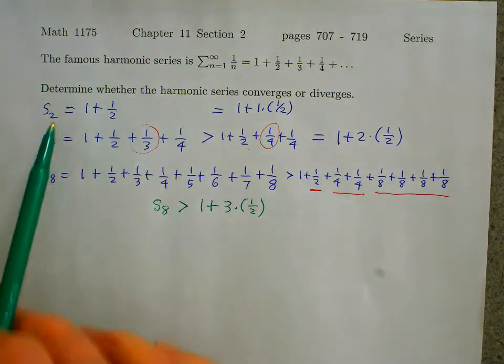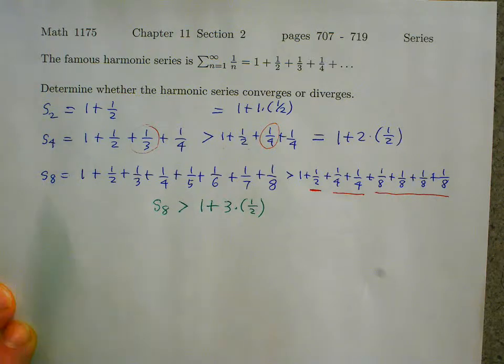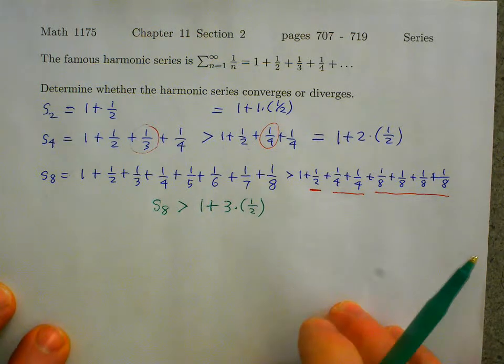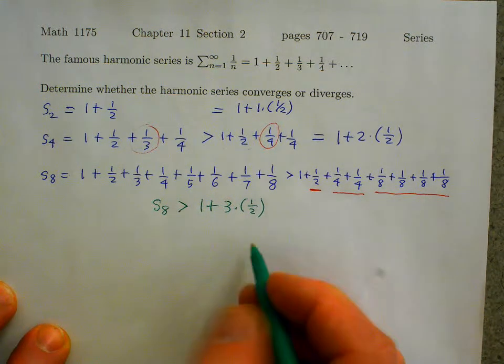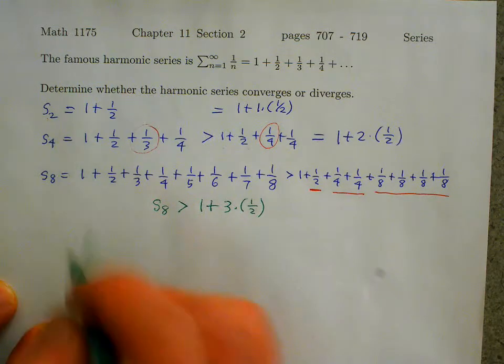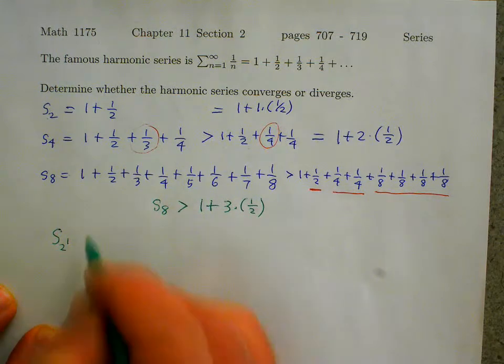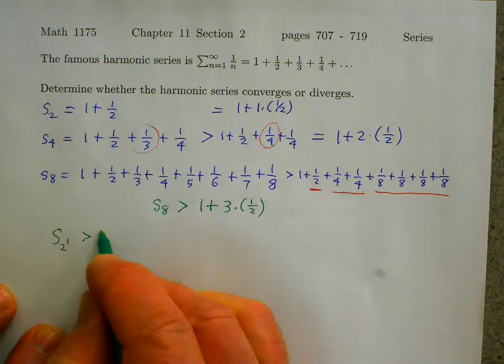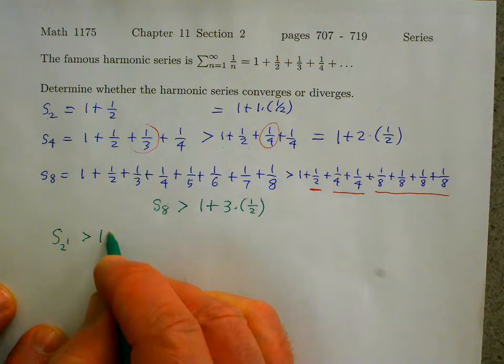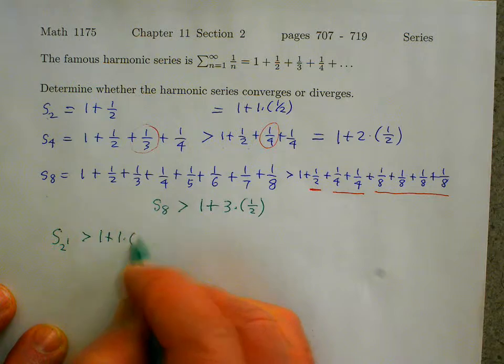These partial sums that I've chosen, the subscripts are powers of 2. So I could rewrite S sub 2 as S sub 2 to the first, which is greater than 1 plus 1 times 1/2.